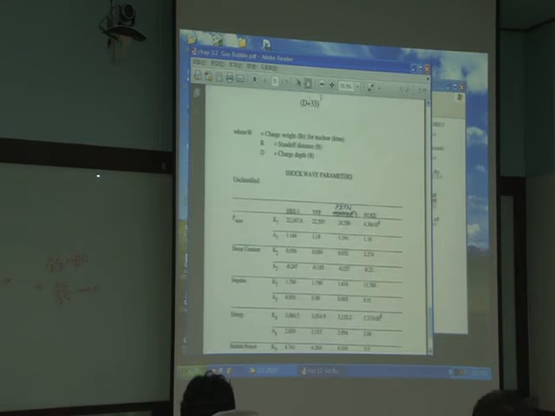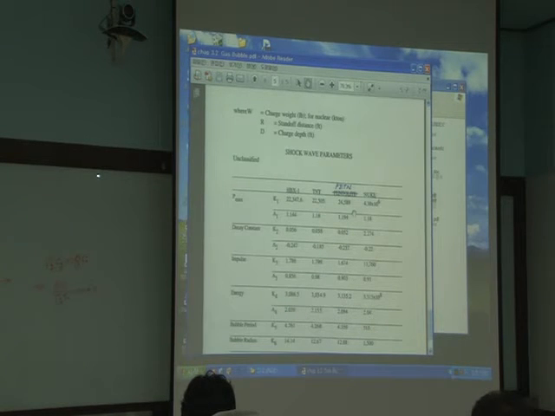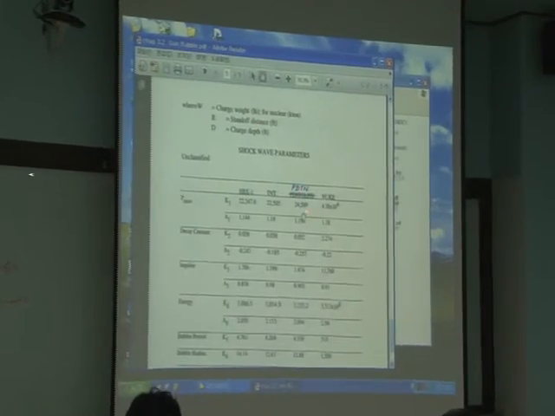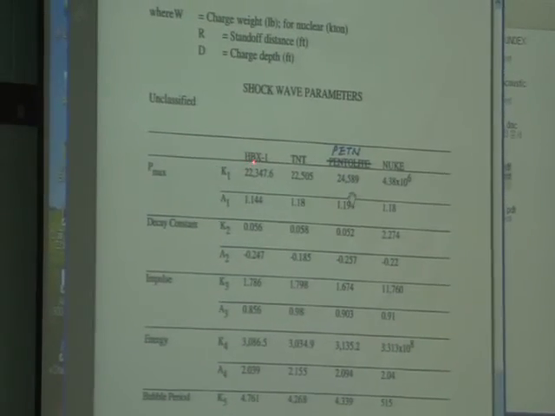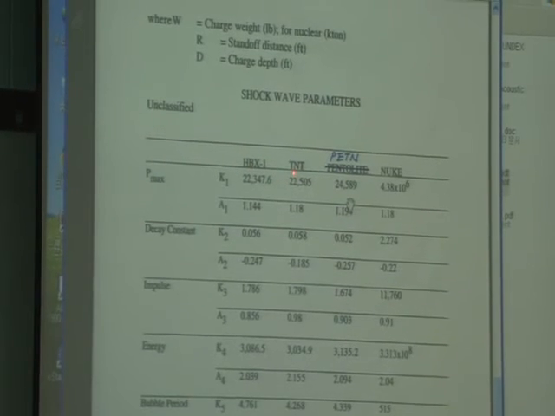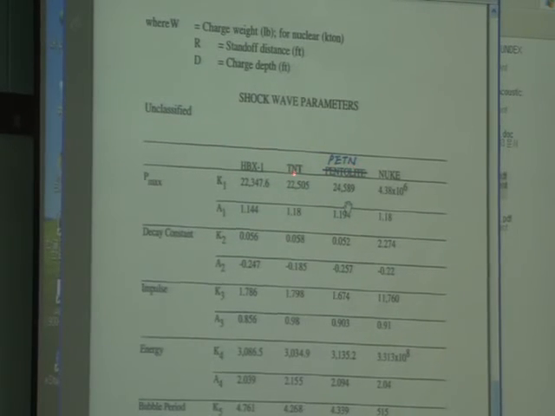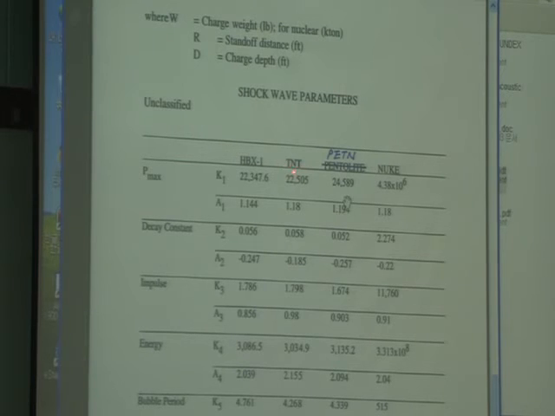And here, I just picked up the charge types, which are HBX1, TNT. TNT is a standard charge. You can always compare with the TNT. What's the strength of HBX1 compared with the TNT? PTN compared with the TNT.